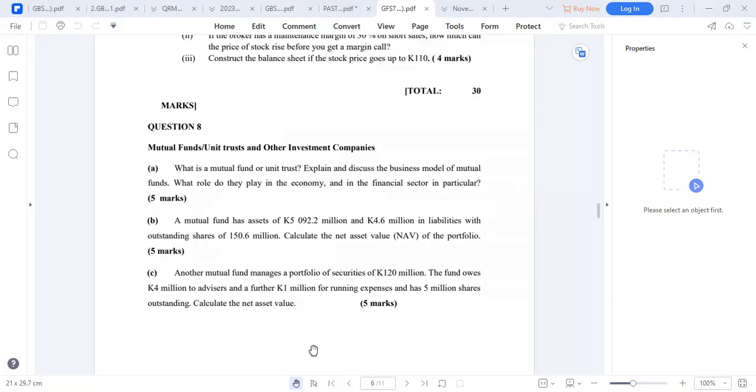Calculate the net asset value. So let's start with the first part. What is a mutual fund and a unit trust? Anyone? What is a mutual fund?